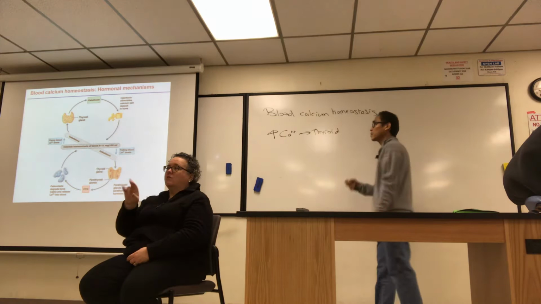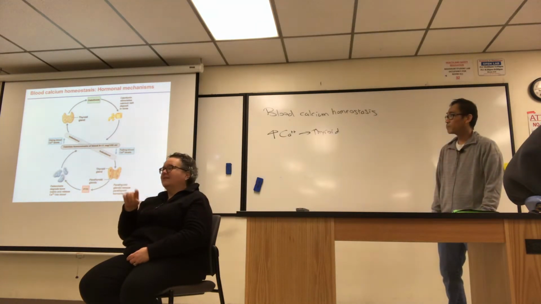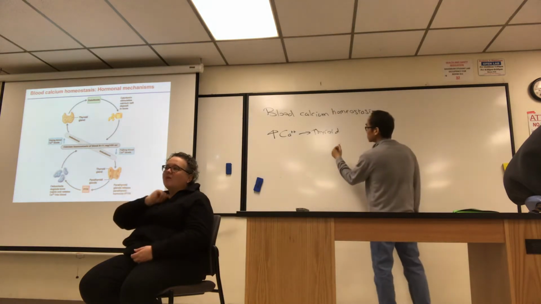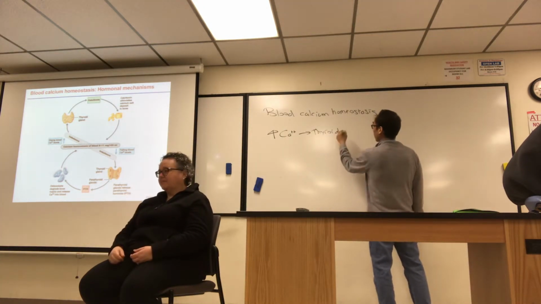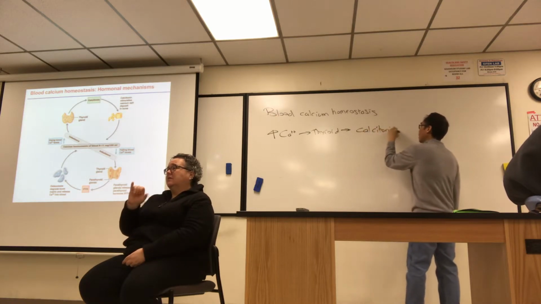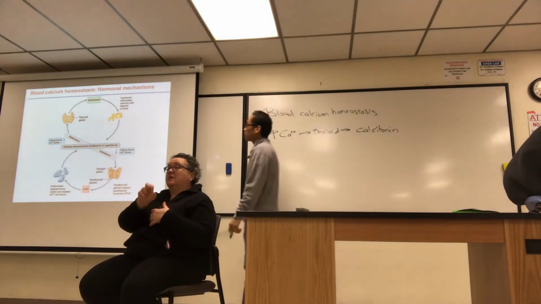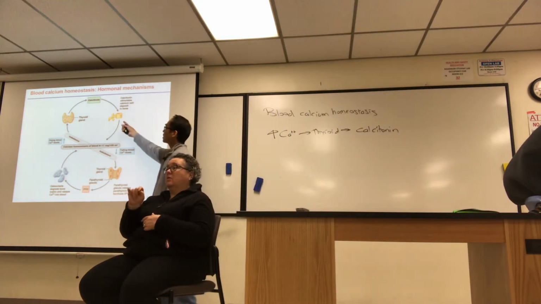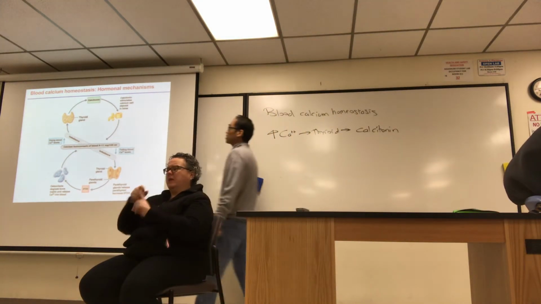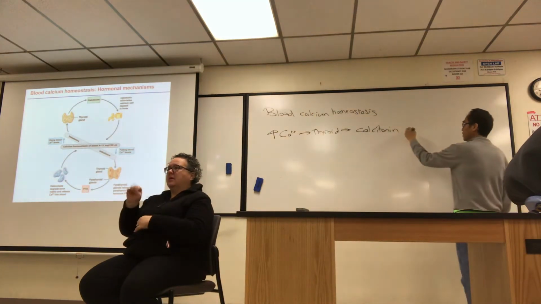It's in your neck region. And the hormone is calcitonin. So in response to the high blood calcium, the calcitonin will target cells and stimulate them to deposit the calcium into the bone matrix.